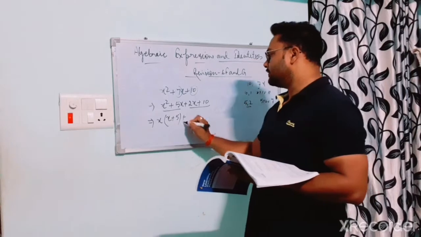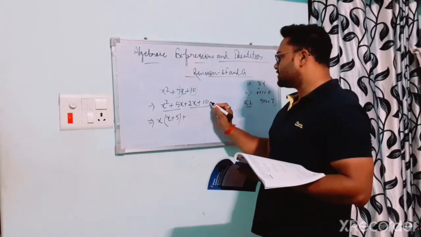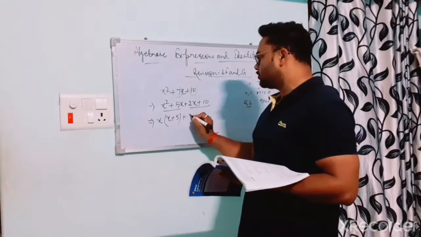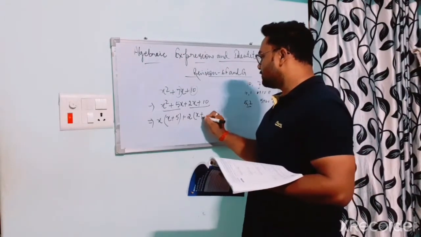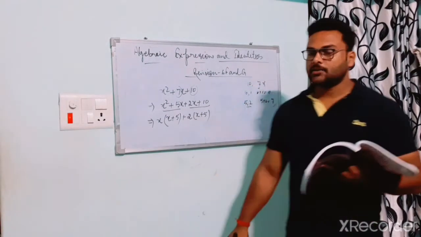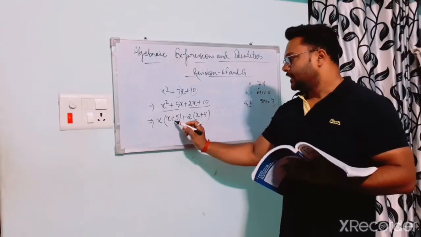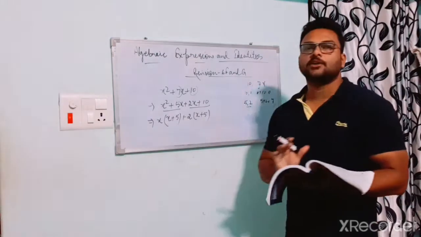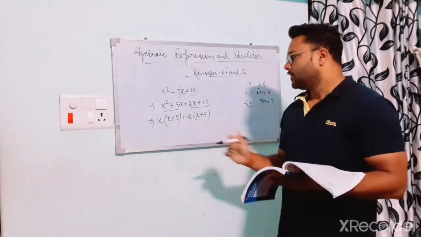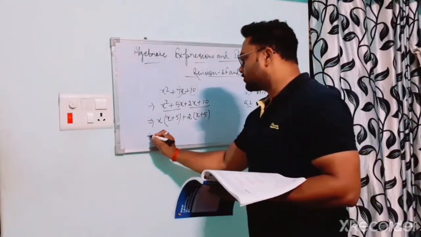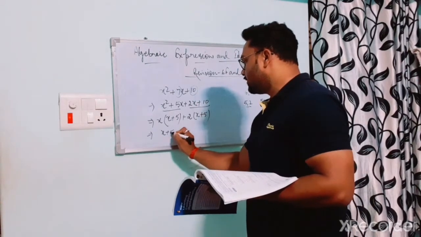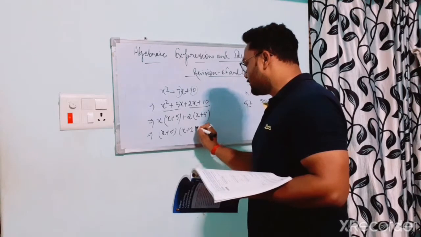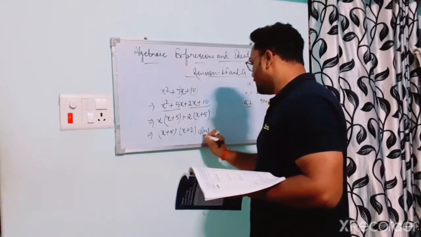And here 2x plus 10: 2 fives are 10, so 2 is common and you can take 2 outside, giving 2 into x plus 5. I told you that you have to check that the same bracket is continuing; if the same thing is there, it means we are doing it in the right way. So x plus 5 is common, you can take it outside, and whatever remains, x plus 2, you also have to write, and this way we can factorize.